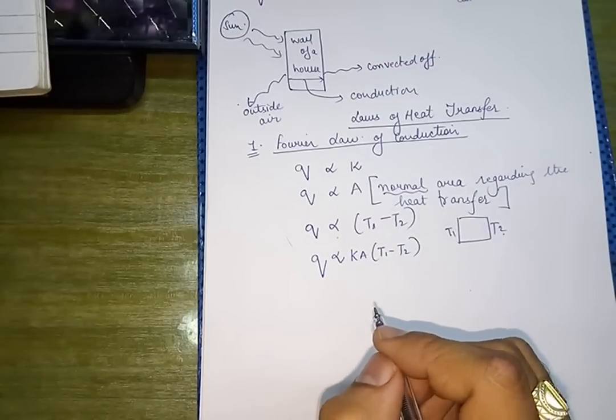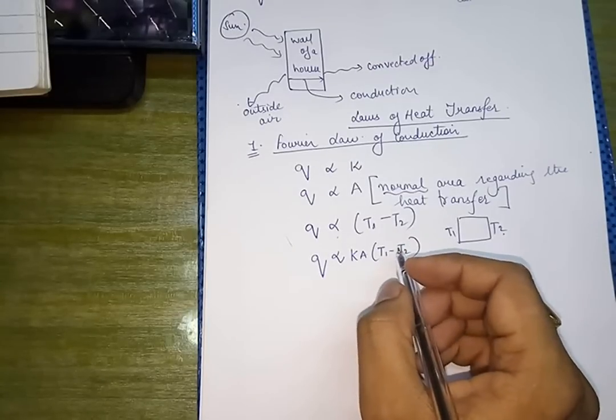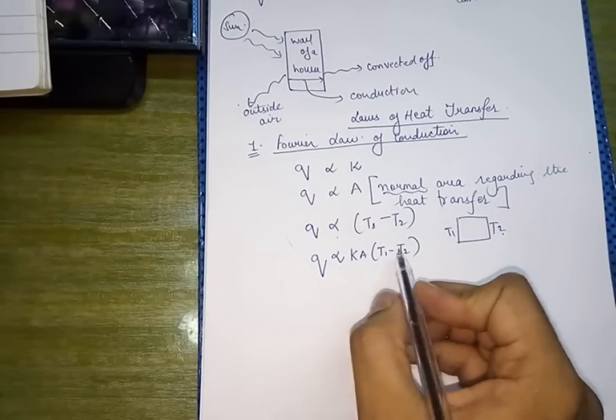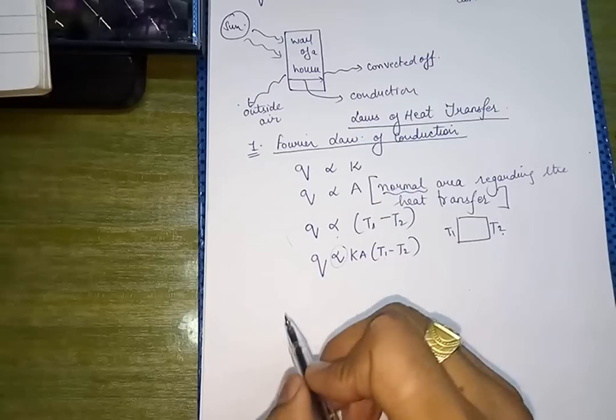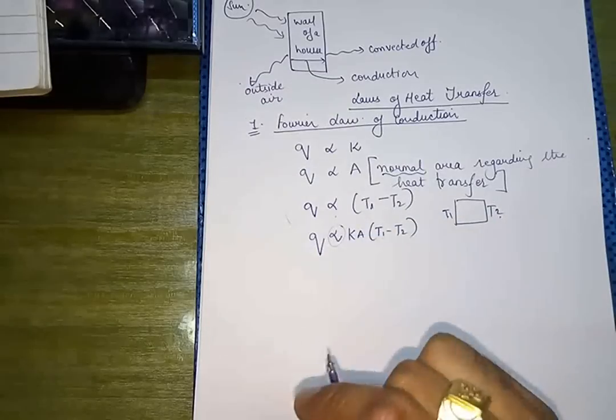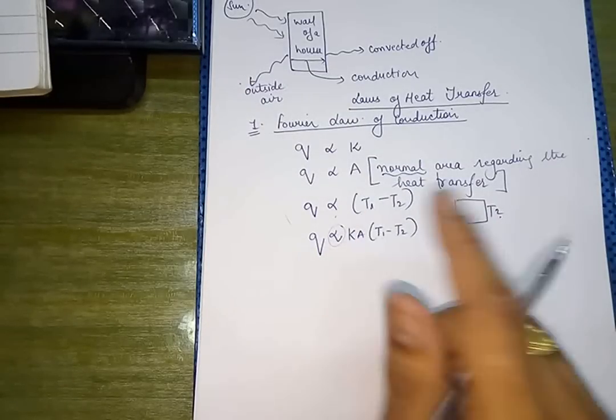Now when this proportionality sign is removed, there will be a constant introduced here.